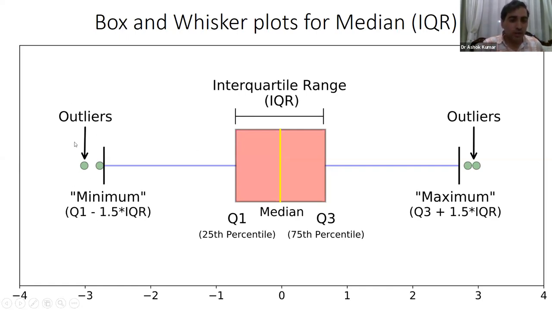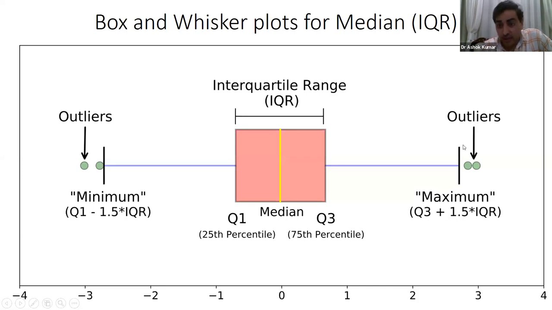These are the outliers below the minimum. And there are some outliers above the maximum. We get these from Q3 plus 1.5 multiplied by IQR. So when we have Q3 and the IQR, we multiply the IQR by 1.5 and add it to Q3.